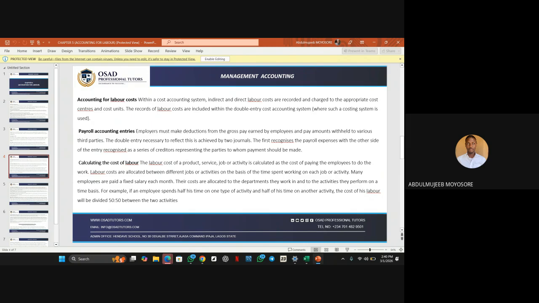Employers must make deductions from gross pay earned by employees and pay amounts withheld to various third parties. The double entry necessary to reflect this is achieved by two journals. The first recognizes the payroll expense, while the other side of the entry recognizes a series of creditors representing the parties to whom the payment should be made.